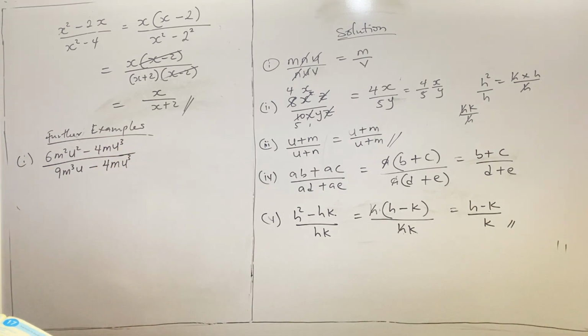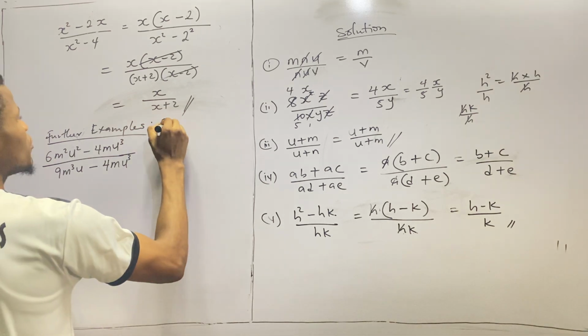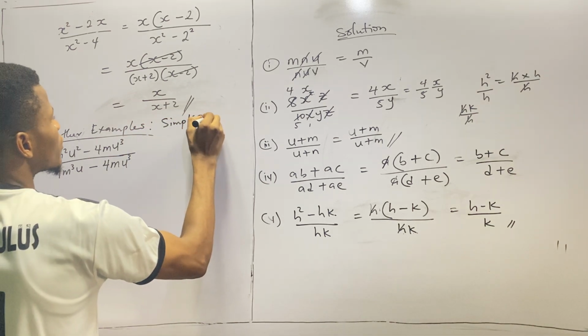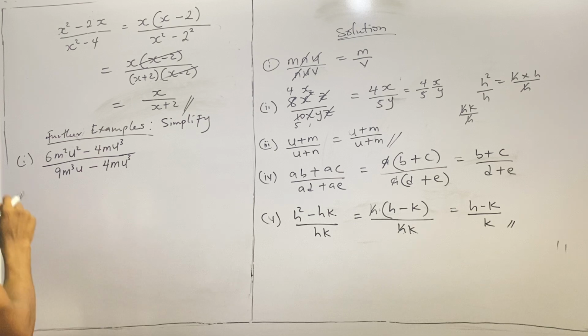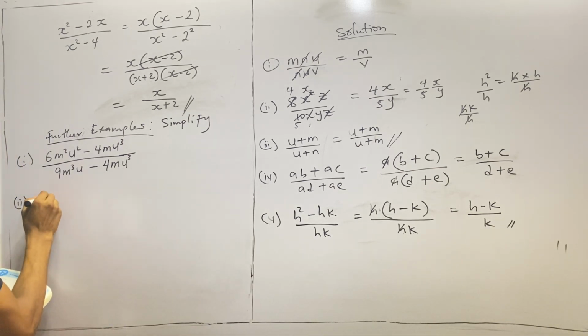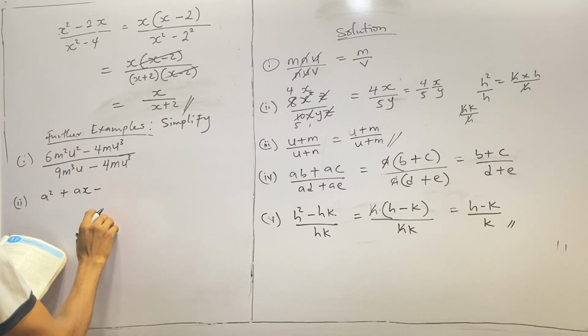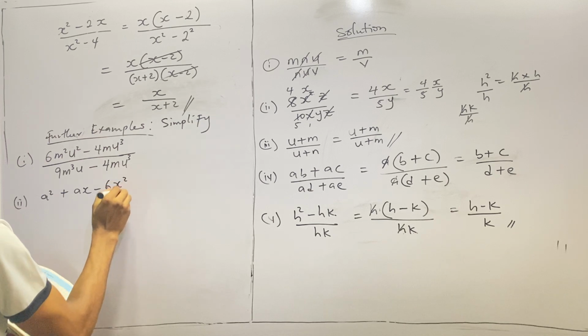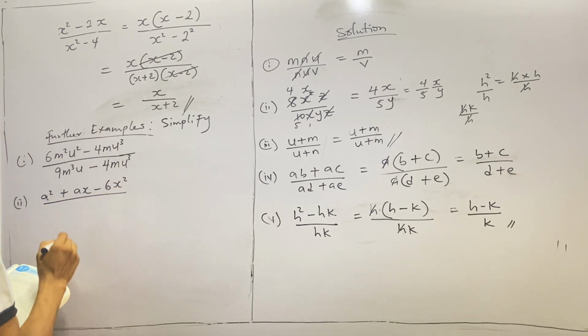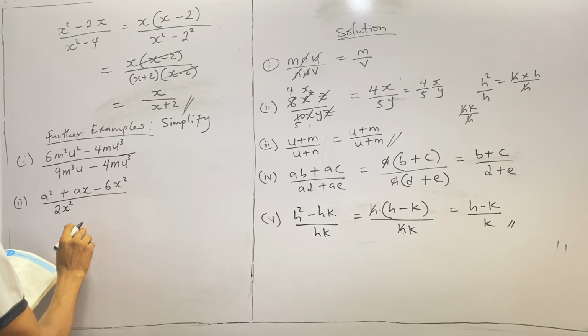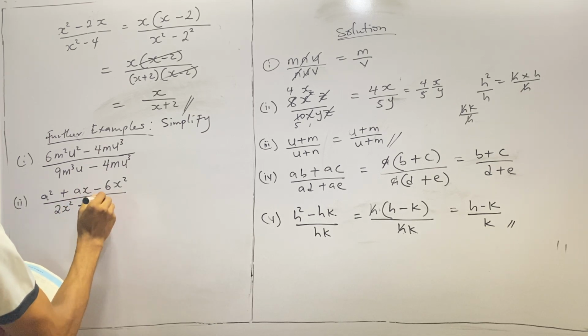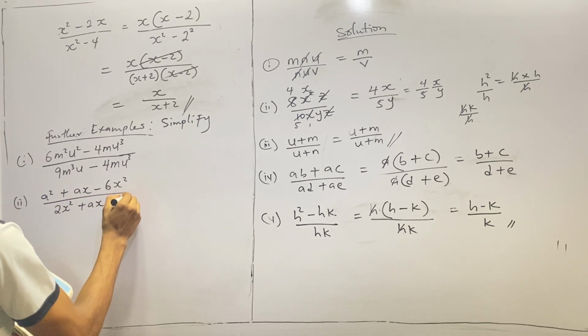All right, so for the example, simplify. So here, under this we have a squared plus ax minus 6s squared all over 2s squared plus ax minus a squared.